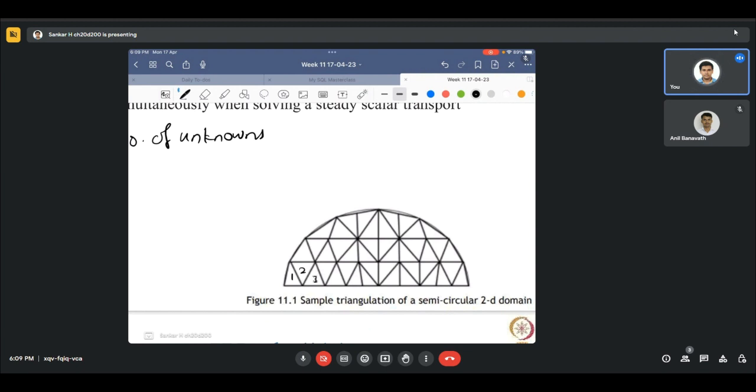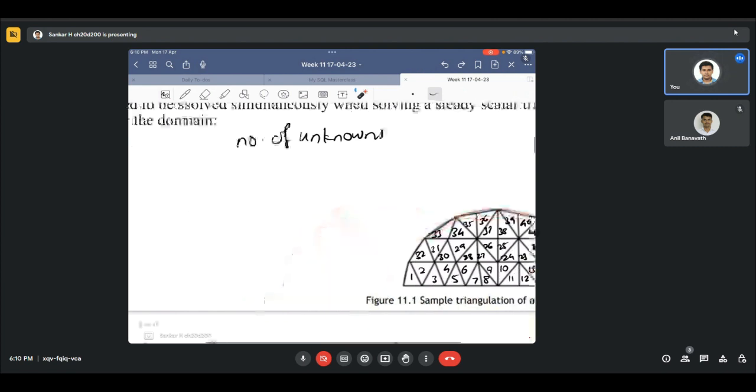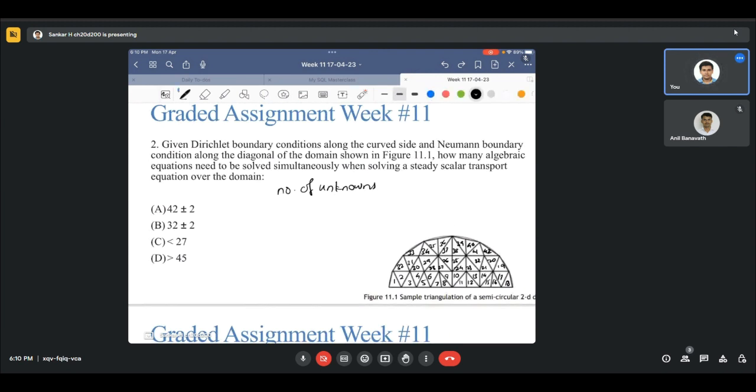We'll have 1, 2, 3, 4... 40, 41, and we have 42 cells shown here, plus any cells associated with this region, if at all they need to be considered, depending on the range at which it is discretized.